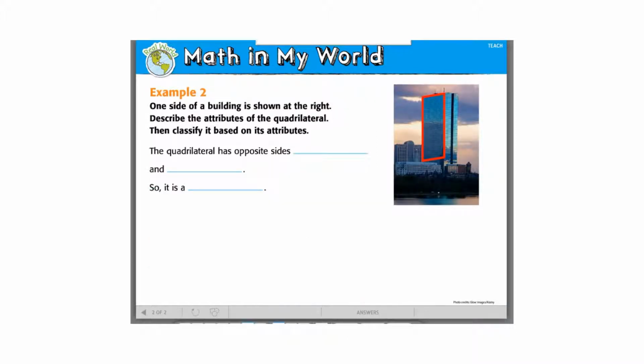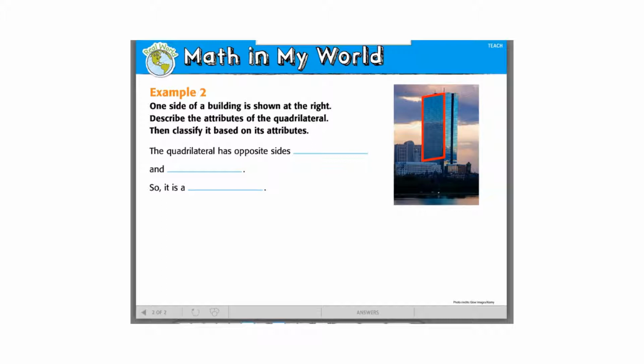This one says, I think your picture is a little different than mine. One side of a building is shown at the right. Describe the attributes of the quadrilateral and then classify it based on its attributes. So we're looking at the red line on the picture of the building.